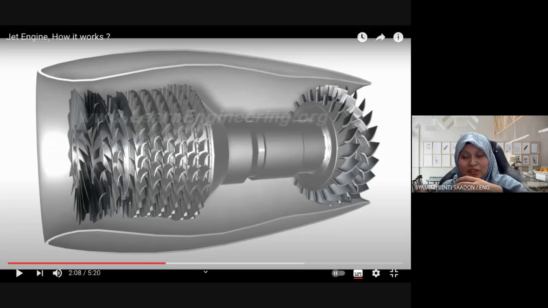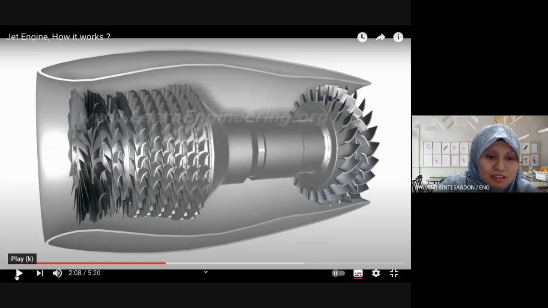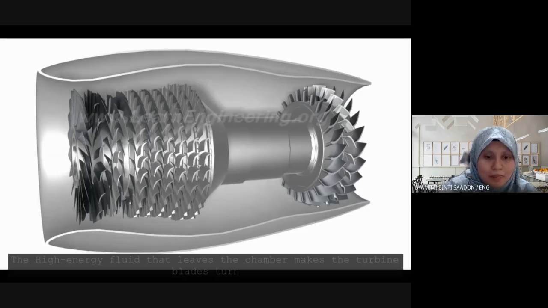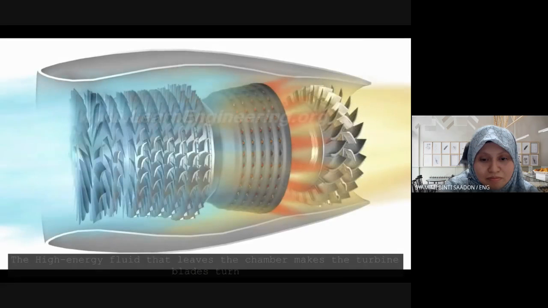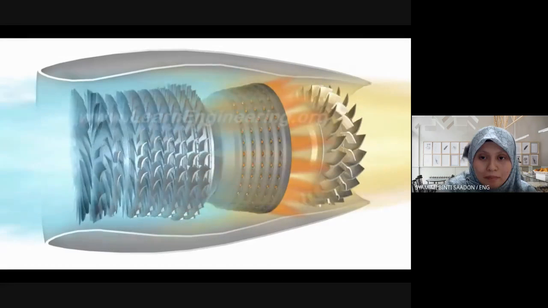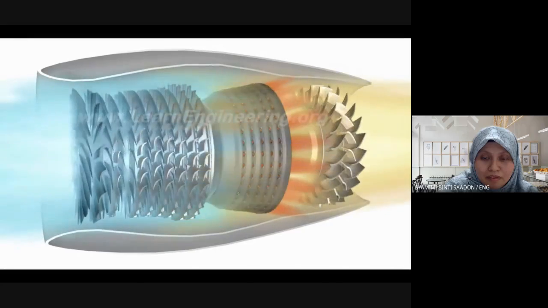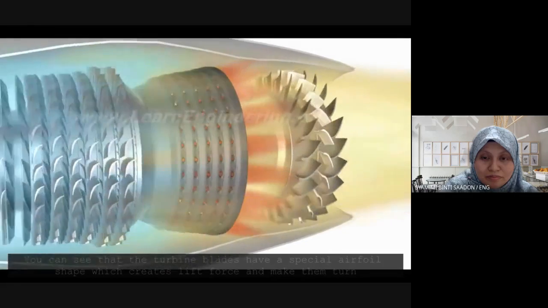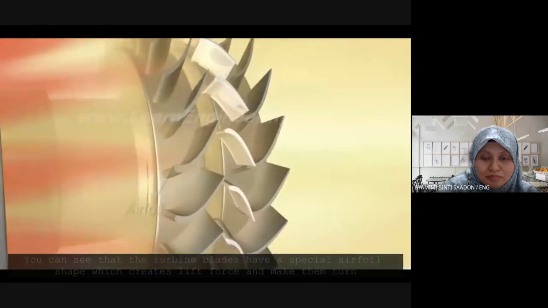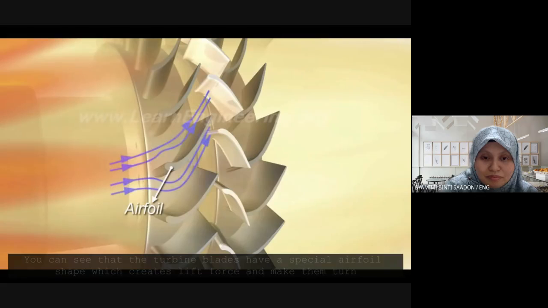Okay, turbine and then nozzle, because we need to reduce back the pressure and increase the velocity. The high speed and high energy fluid that leaves the chamber makes the turbine blades turn. You can see that the turbine blades have a special airfoil shape, which creates lift force and makes them turn.